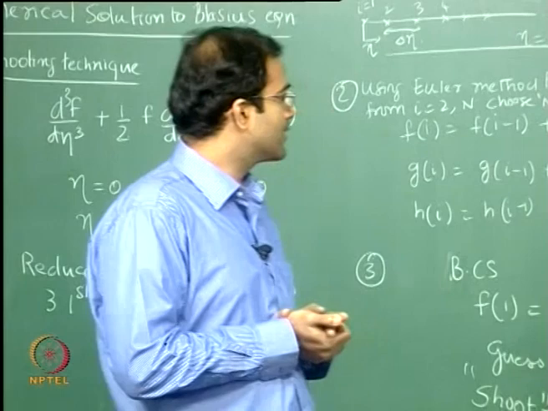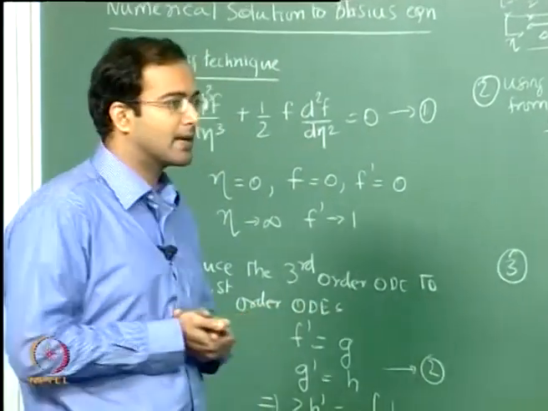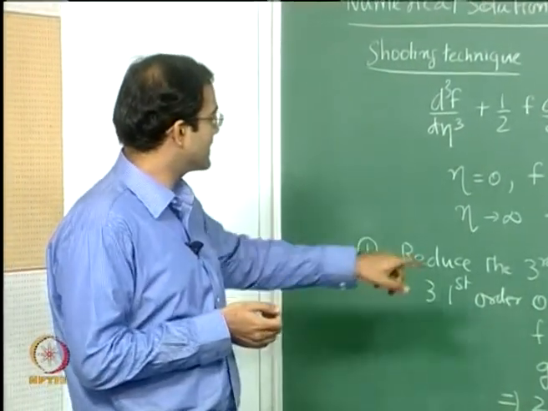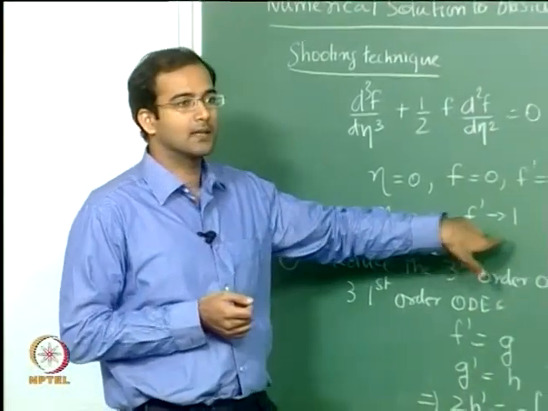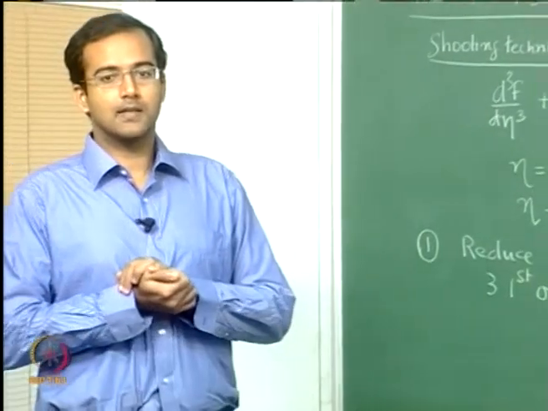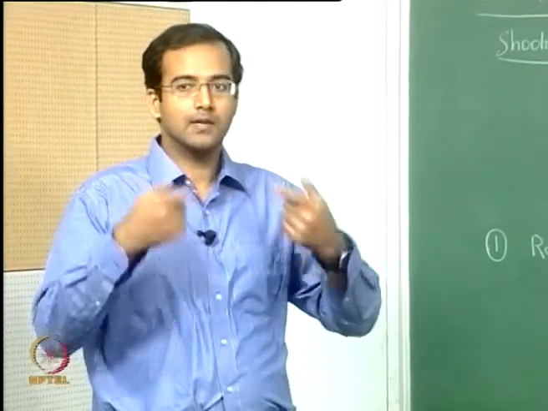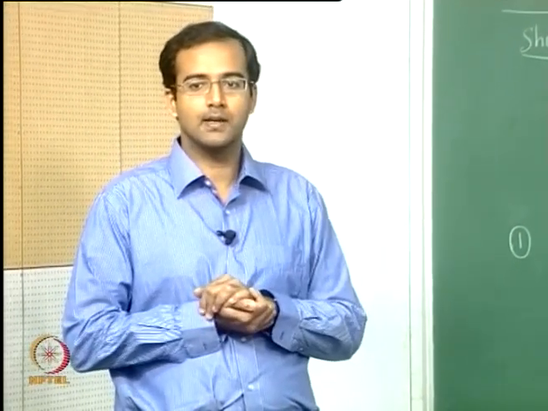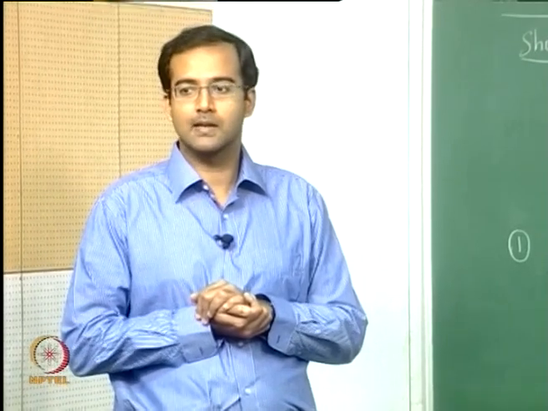Okay, so if your eta was very large, the other boundary condition says that as eta goes to infinity, your f prime should be 1. So we cannot apply that to the convergent series. Therefore he had to come out with another series which is actually convergent for large values of eta.